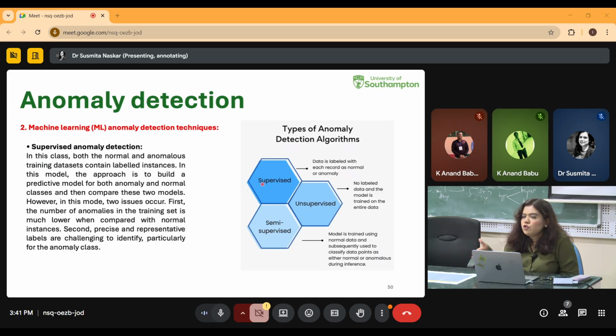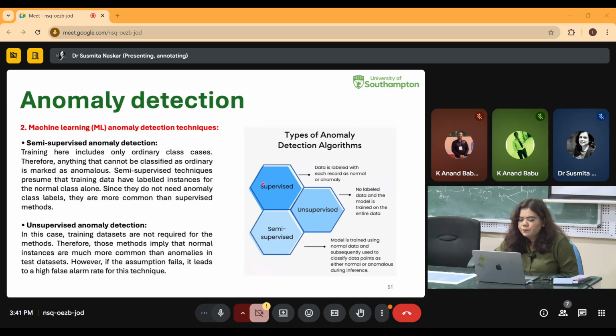That's the reason we don't use supervised learning quite a lot in real-life cases. That's where we use semi-supervised or unsupervised learning, because we always face challenges identifying perfect data, or we may not have perfect data at all.